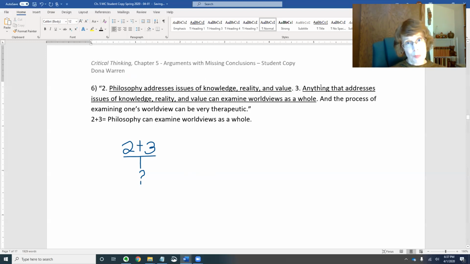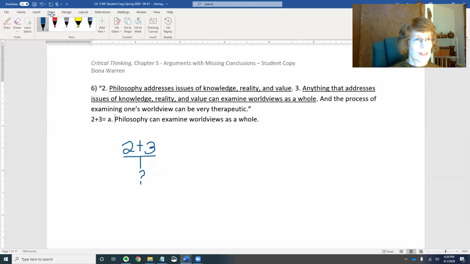Well, if it's stated, it will probably be stated next. And the process of examining one's worldview can be very therapeutic. That's not the same thing as examining worldviews as a whole. So examining worldviews as a whole, philosophy doing that, is going to be a missing subconclusion. So I'm going to put that in there as A. Now we can go on.